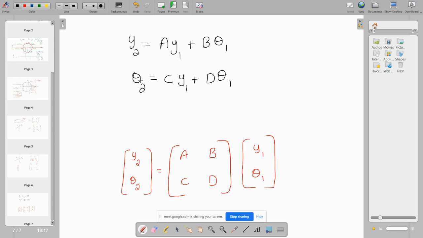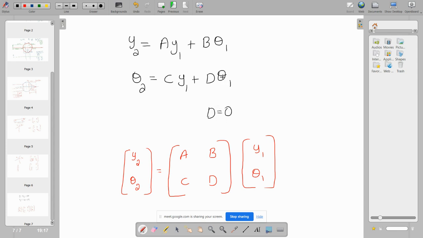Similarly, C gives the angle of the emergent ray with respect to the height of the incident ray, and D gives the angle of emergence with respect to the angle of incidence of the incident ray. So now they are saying that D is equal to 0.